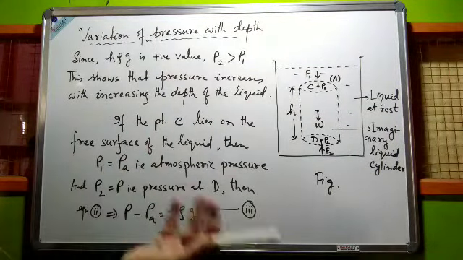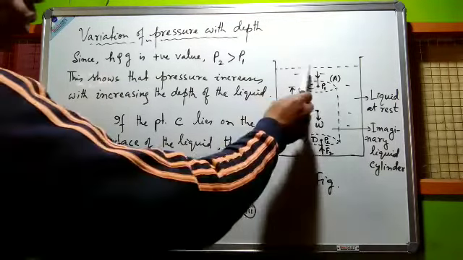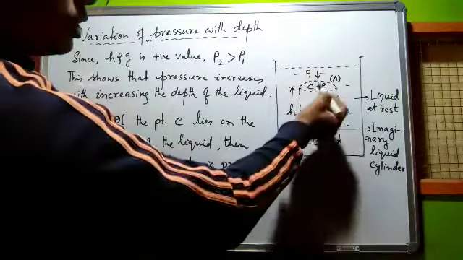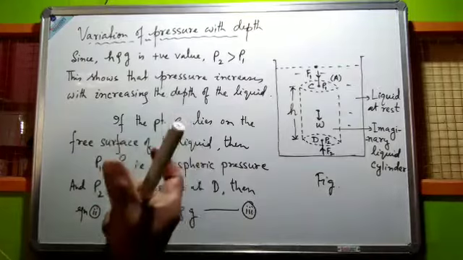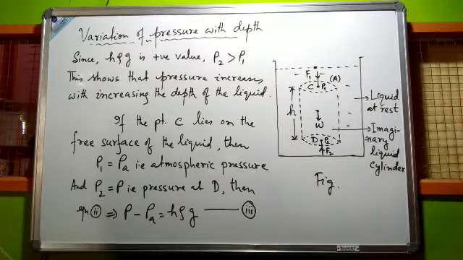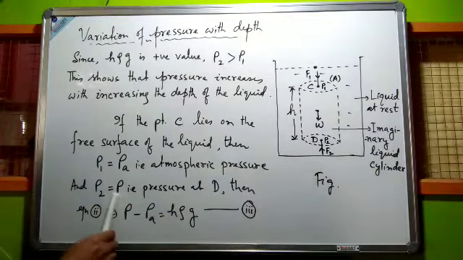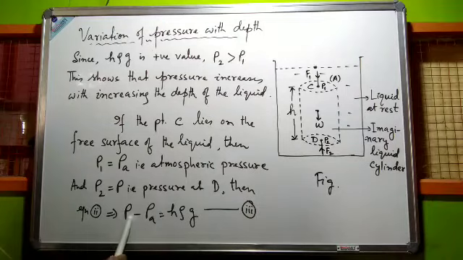Then again, let us see another condition. If the point C lies on the free surface of the liquid, the liquid surface in contact with air, then P1, that is pressure at C, is the pressure exerted by the air, that is atmospheric pressure, Pa. And the pressure at D we represent as capital P. Substituting in equation number 2, P minus Pa equals h rho g.